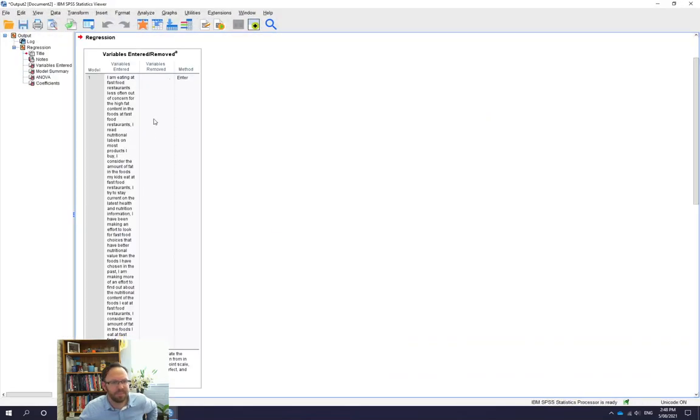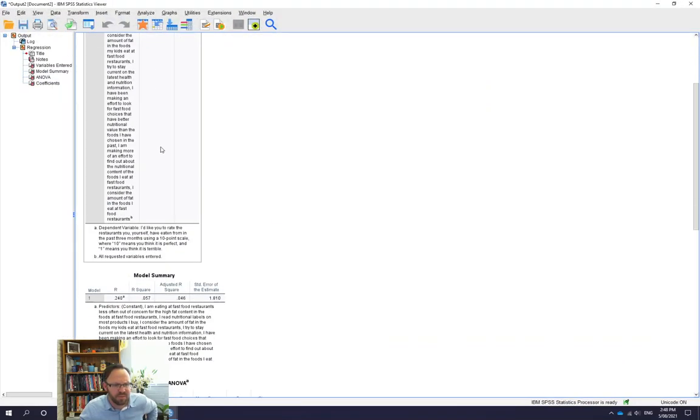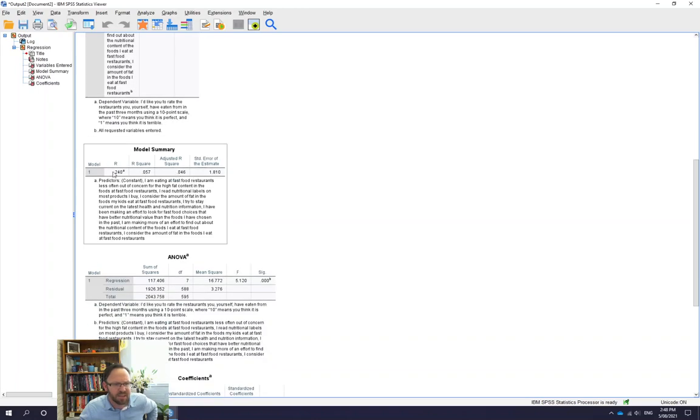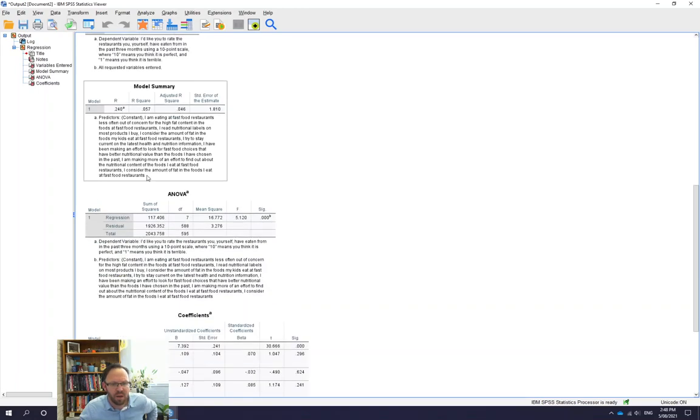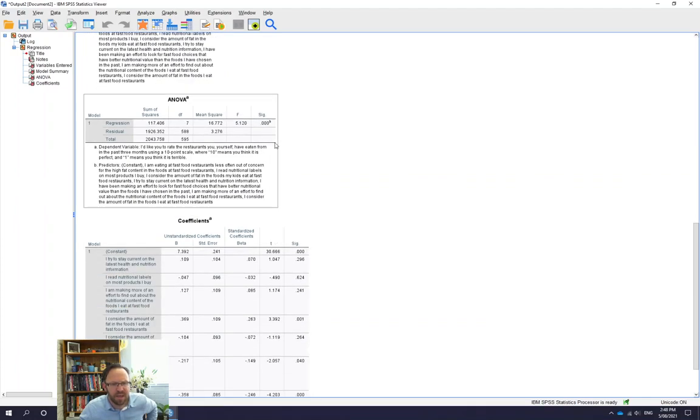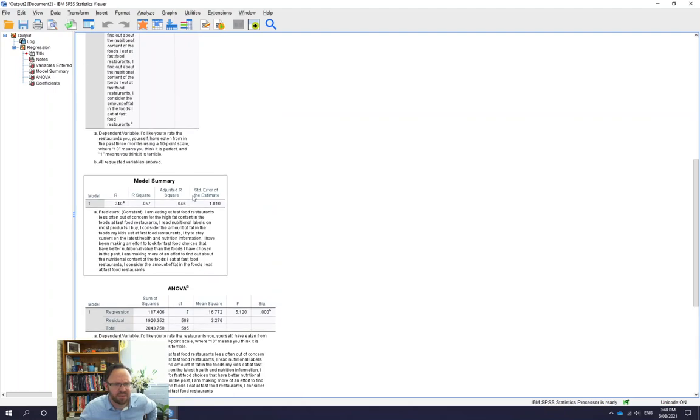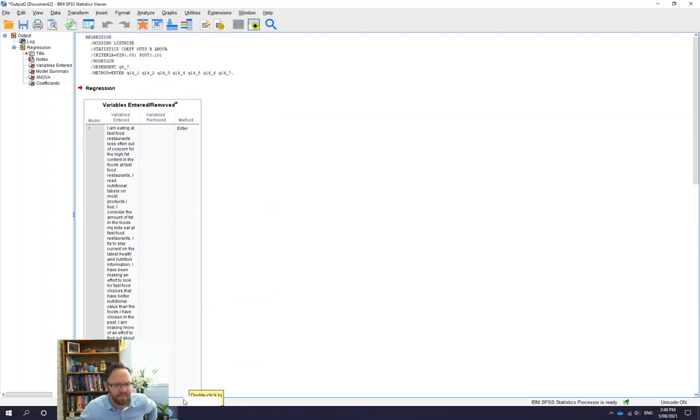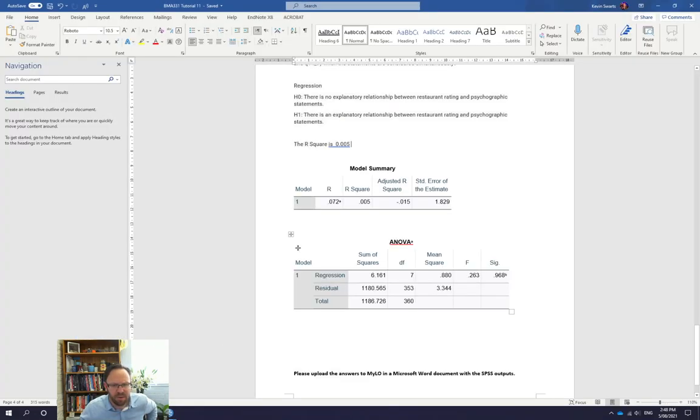Now the output shows what's been in there. We haven't removed any variables, which is cool. Our R squared is still quite low, but our ANOVA shows significance, right? Because now it's significant, we'd actually report it and say yes, for our null hypothesis, we can reject this one. So this is going to be the first test.